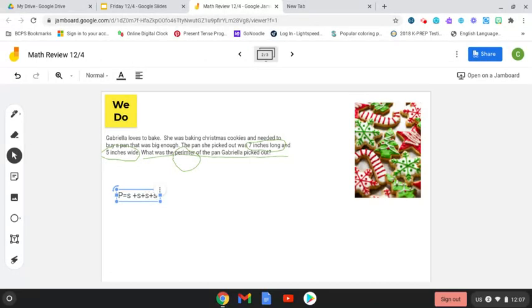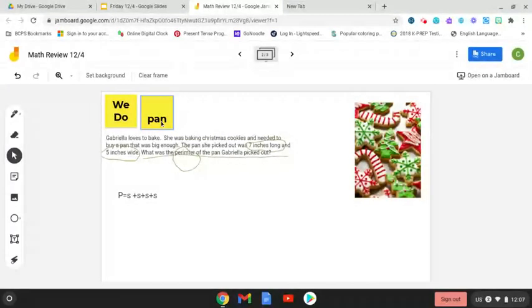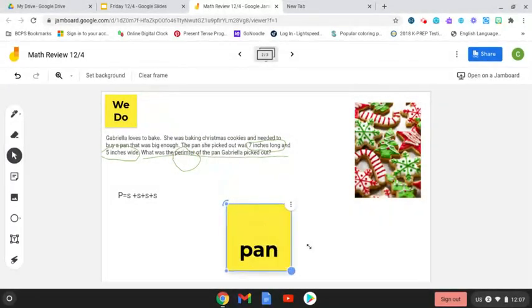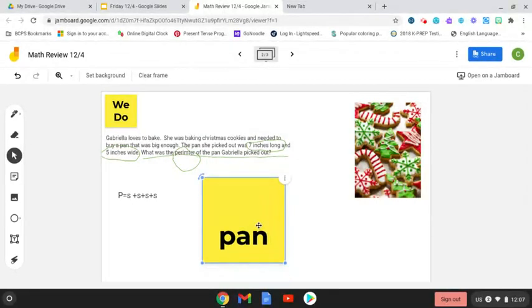Now, since my baking pan is a rectangle, something that I can do is I can use a sticky note and label it. So I'll just say this is my pan. Okay. So I'm going to put that there. And what I'm going to do actually is I'm going to label this pan. I'm going to label the sides. I'm going to actually add some text boxes.